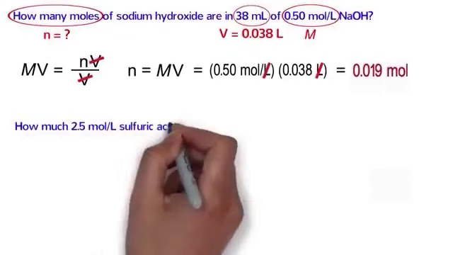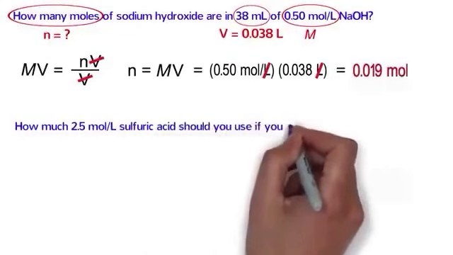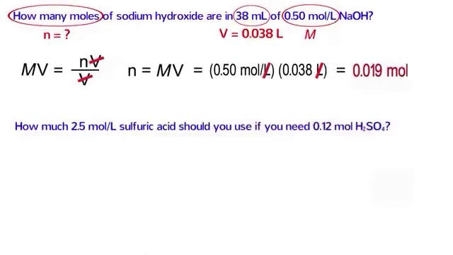Another question says, how much 2.5 moles per liter sulfuric acid should you use if you need 0.12 moles of sulfuric acid? We can still manipulate our formula.